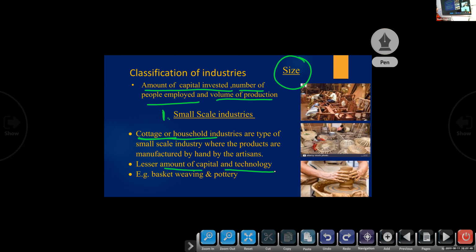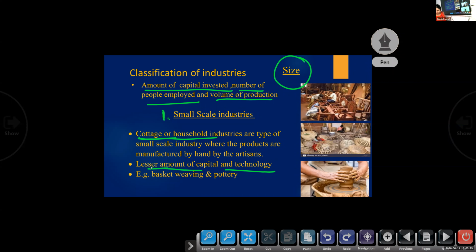When we talk about cottage industry, we know only 1 to 15 workers are there in cottage industries. But when we talk about small scale industry, it may be 100. But for both small scale and cottage industry, lesser amount of capital and technology are required.